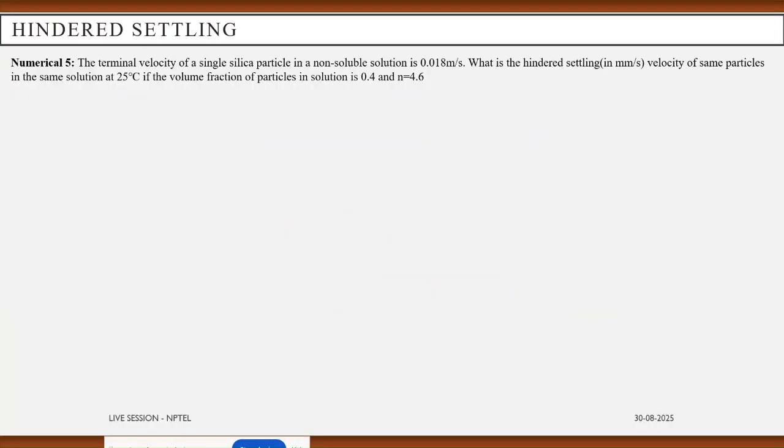Similarly, we will solve the last question for today's session. Here it is showing that a single silica particle which is insoluble in the solution has a terminal settling velocity of 0.018. You have to calculate the hindered settling velocity for the same particle where the volume fraction is 0.4, so the void fraction is 1 minus 0.4, which is 0.6. The constant value is given as 4.6.